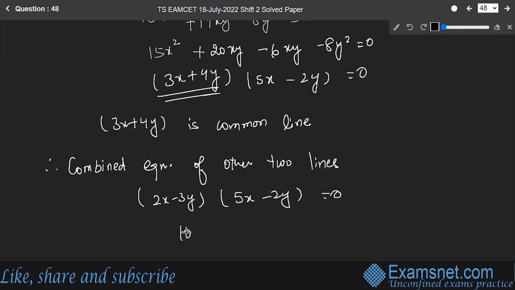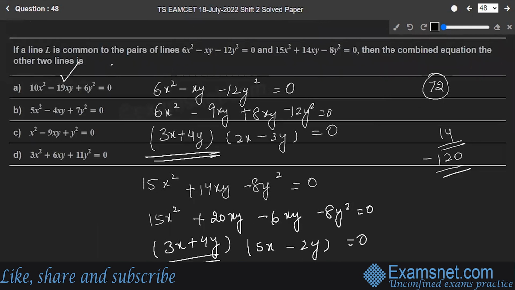On solving this, you will get 10x squared minus 19xy plus 6y squared is equal to 0. So that is our answer. When you open it up, you get 10x squared minus 19xy plus 6y squared is equal to 0, and this is our option A.